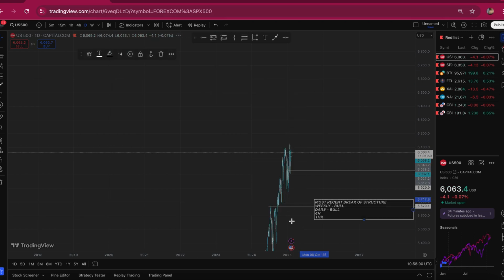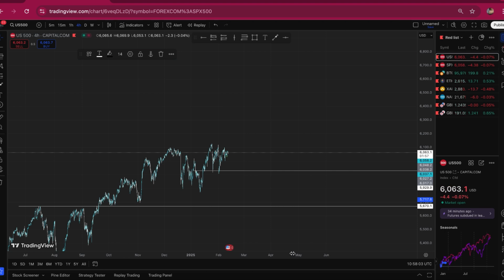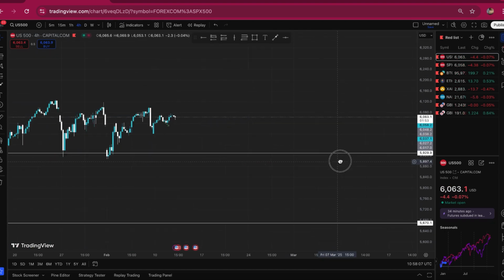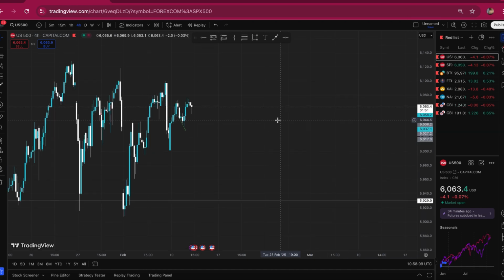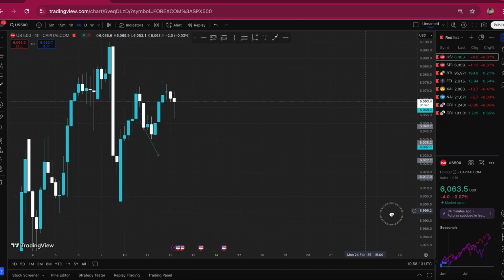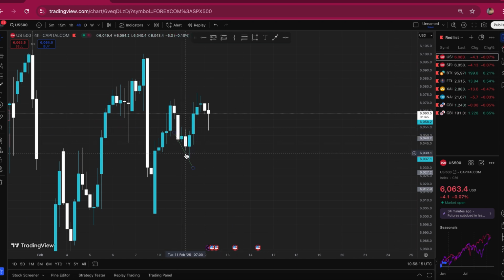And then the 4-hour. I like the 4-hour. I feel like the 4-hour is strong for confluences on the day. So on the 4-hour, we see pretty much instantly the most recent break of structure is here. So the most recent break of structure on the 4-hour is this here.